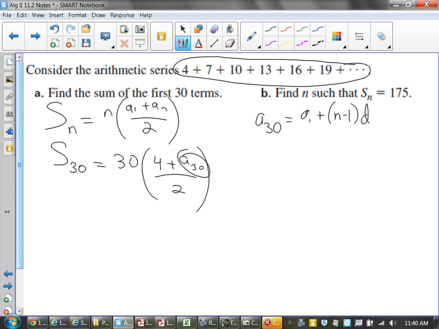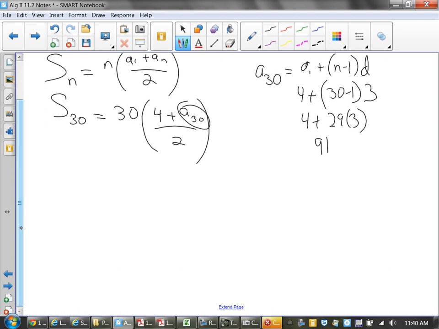So I know that the first term is 4. I'm adding to that 30 minus 1. And what's my common difference here, guys? 3. So that gives me 4 plus 29 times 3, which is 91. So you wind up with 30 times the quantity 4 plus 91, all over 2.